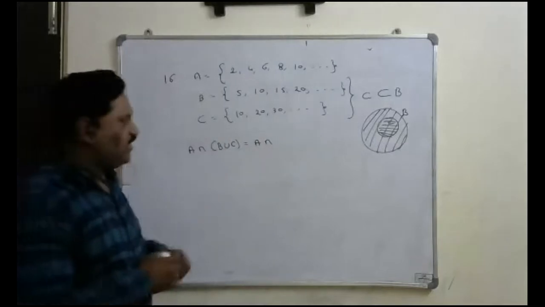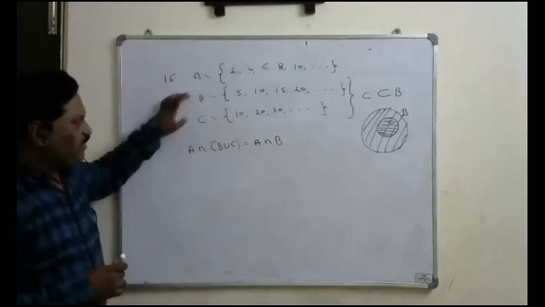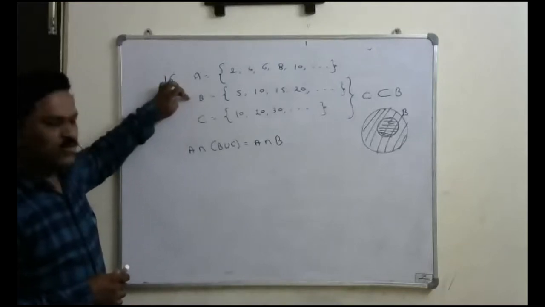The total hashed area is B only. So when C is a subset of B, then B union C will give B only.